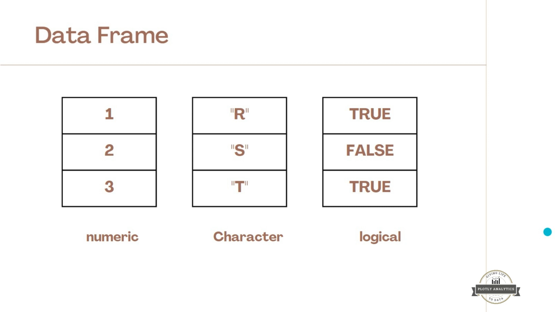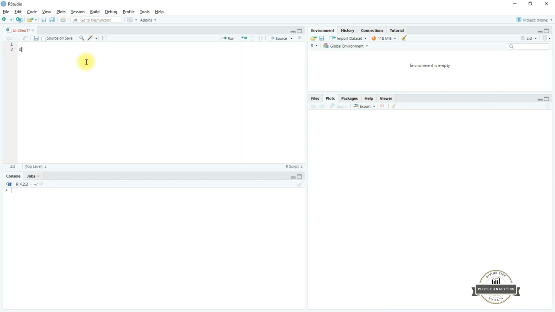Okay. Now let's see how we can create a data frame in R. You can use the function data.frame to create a data frame. So let me create a data frame df. I use the function data.frame, and I will now create a small part of a deck of cards.